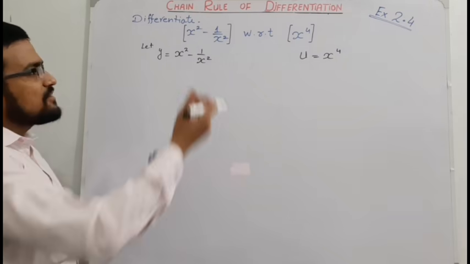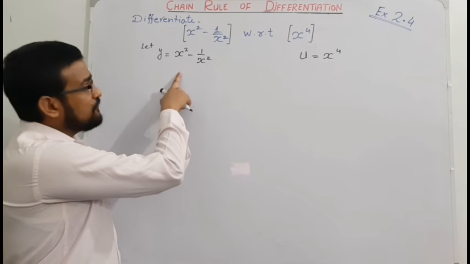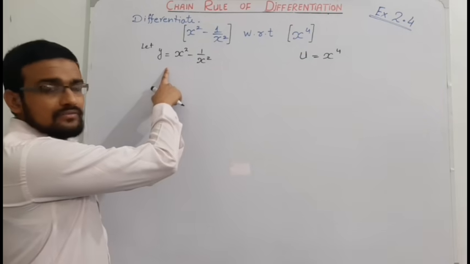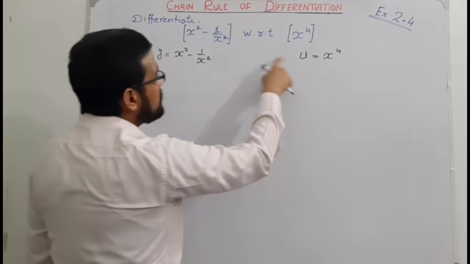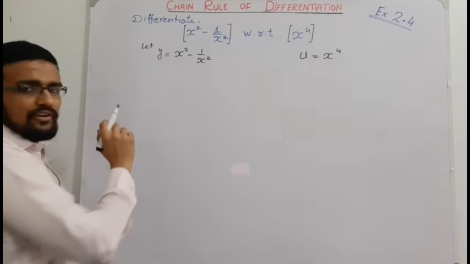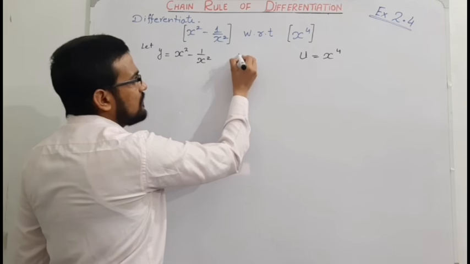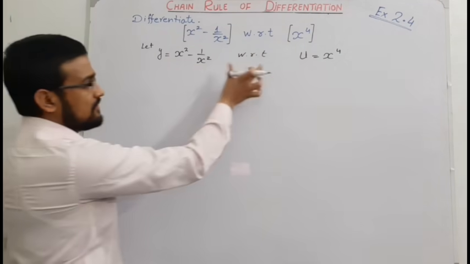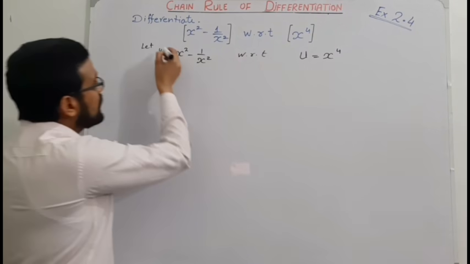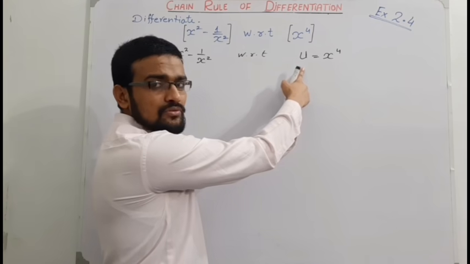Then repeat the statement. Differentiate this one with respect to this. What is our requirement according to this statement? This with respect to this, it means y with respect to u.